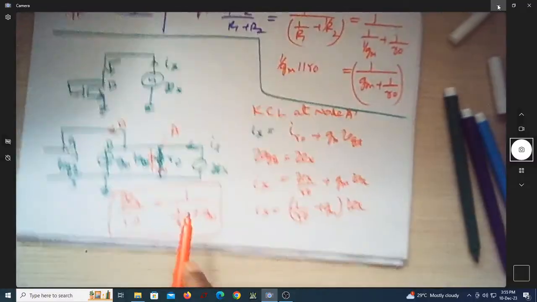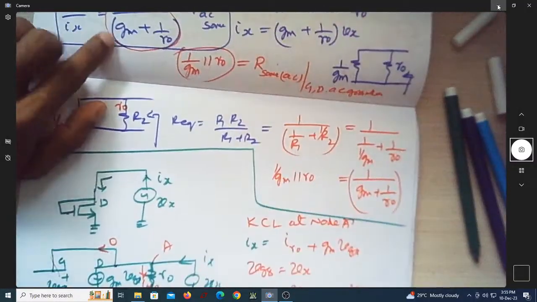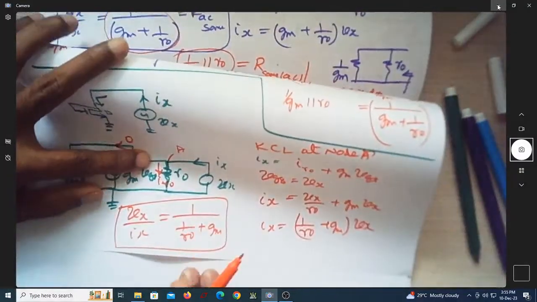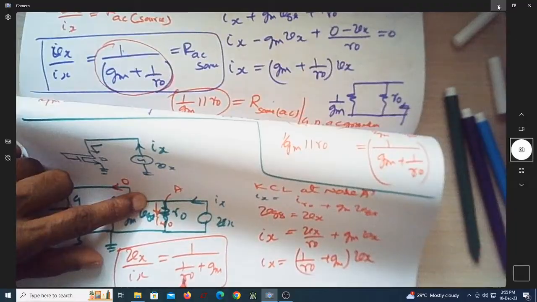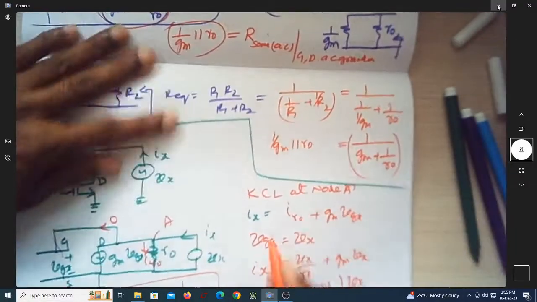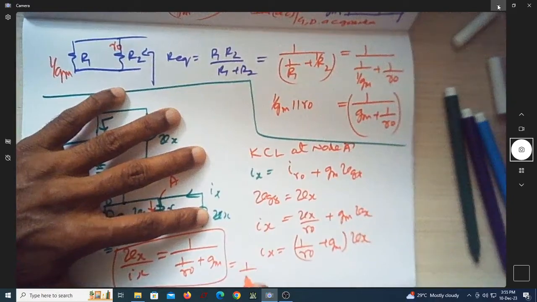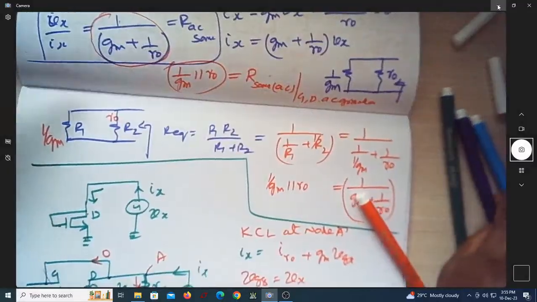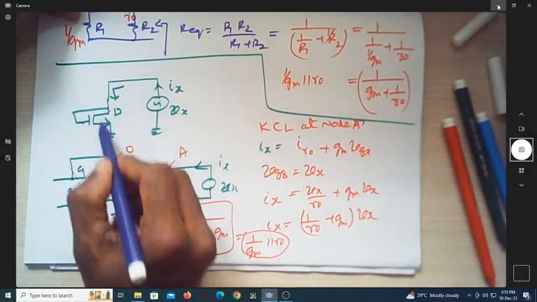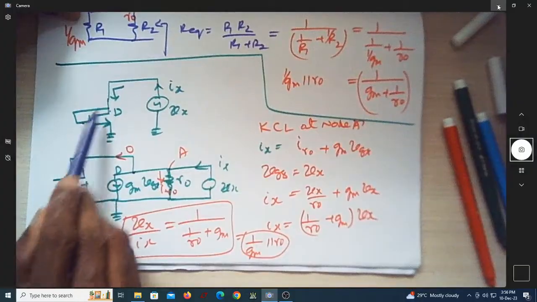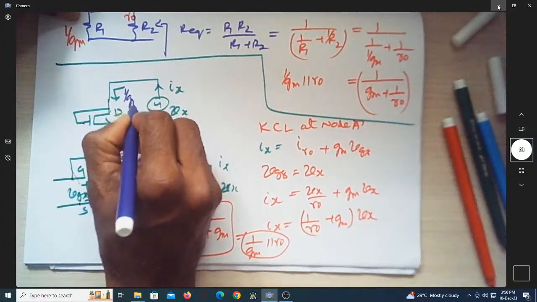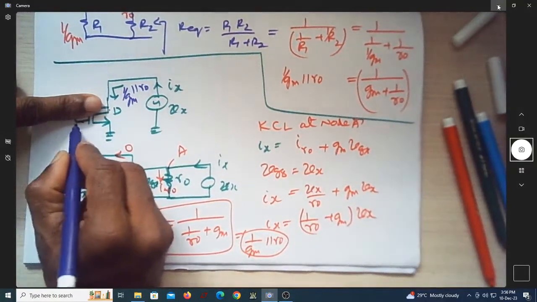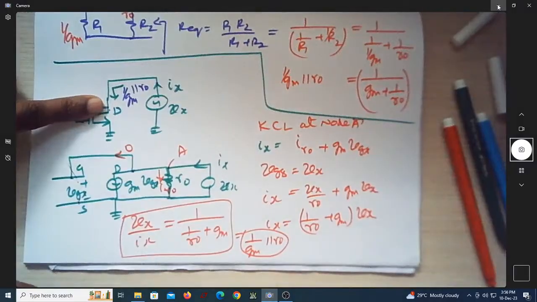As we saw in the previous case, are these two expressions same? Can you see it is same? It is 1 over gm parallel to r0. So if you are looking into the drain, if the drain and gate are shorted, the resistance is 1 over gm parallel to r0. Suppose if I take out this connection and make AC ground of this, then it will become r0.